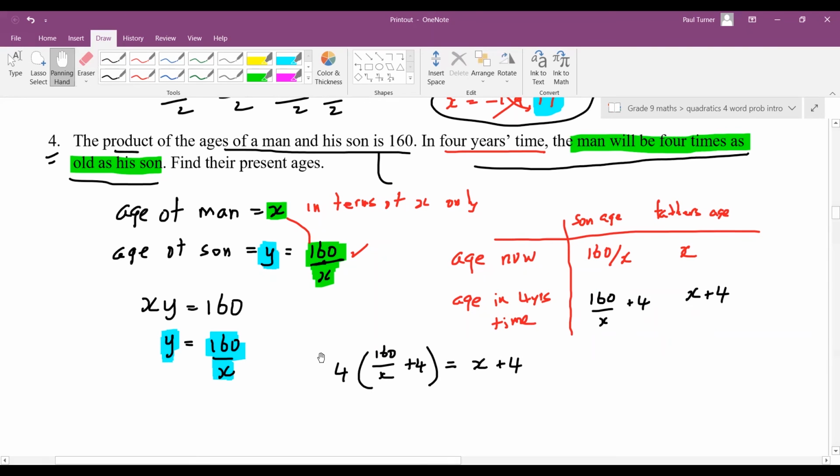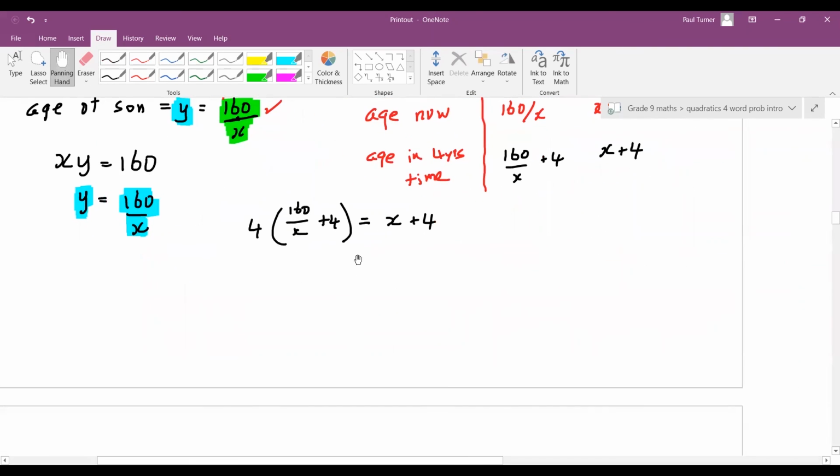So this ends up being our equation we need to solve. So we'll multiply that out. We'll get 640 on x plus 16 equals x plus 4, like that.